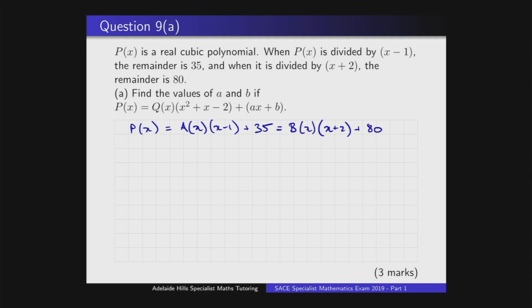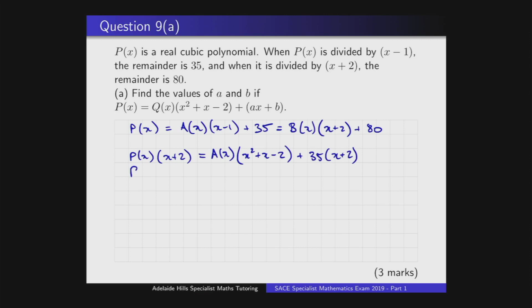If we take that first equation and multiply it by x plus 2, then we get p of x times (x plus 2) is equal to A of x, and then (x plus 2) times (x minus 1) gives us x squared plus x minus 2, plus 35 times (x plus 2).